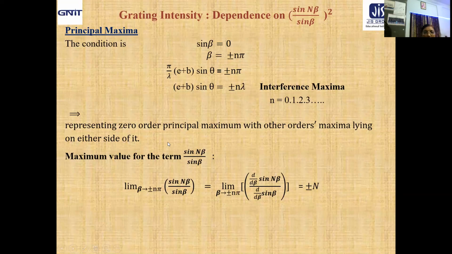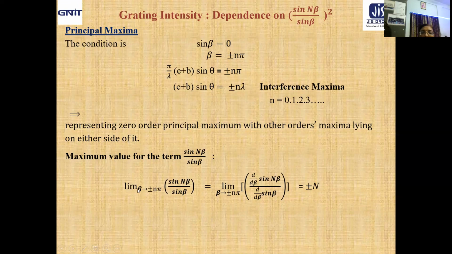Now, what about the maximum value out of this term, sin n beta by sin beta? To find that out, we already got the limit, that is beta tending to plus minus n pi. Let us use the limit on this expression, sin n beta by sin beta.